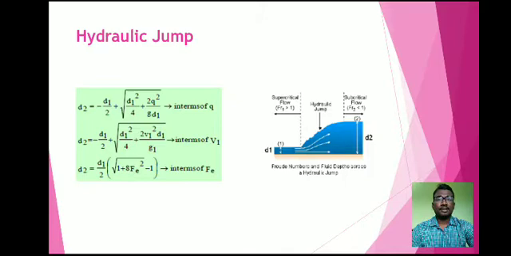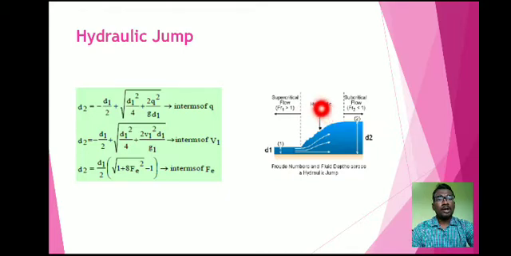Let's see the formula for calculating D2 in terms of Q. D2 equals minus D1 divided by 2 plus root of D1 square divided by 4 plus 2Q square divided by g D1. Again, this formula can be written in terms of V1 and Fe, where Fe is the Froude number.